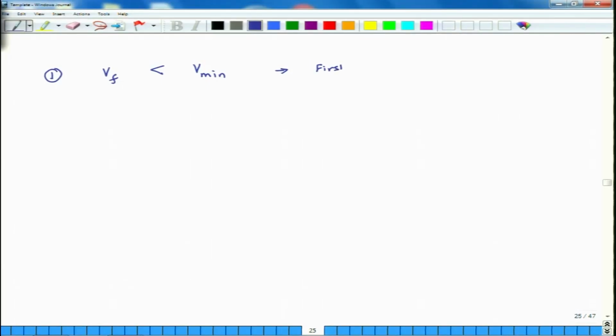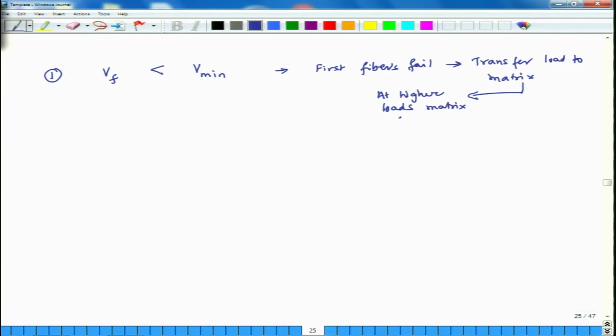First fibers fail, then they transfer load to matrix, then at higher loads matrix fails, and composite fails when matrix fails.